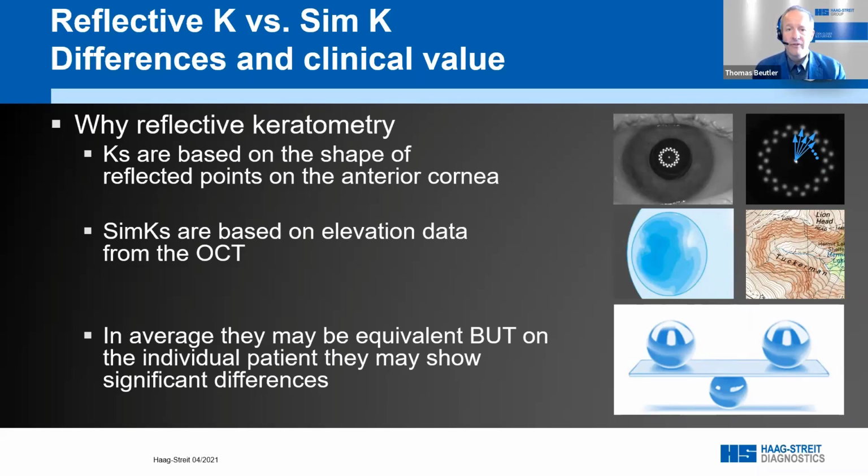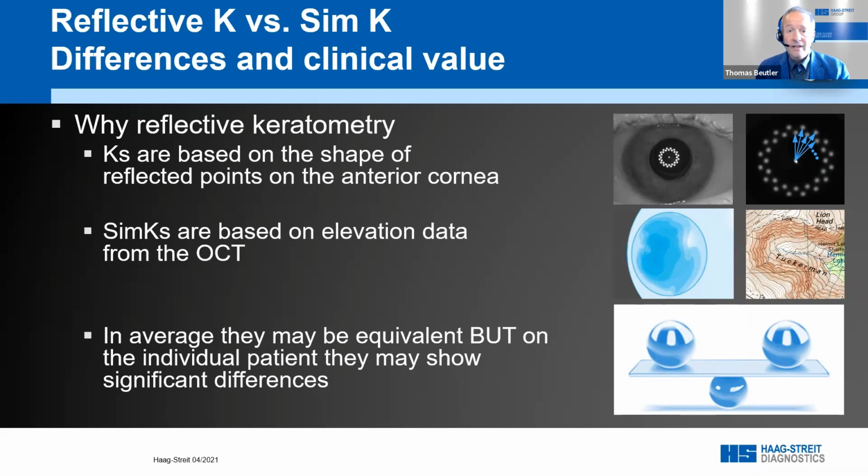When you look at reflective keratometry, we are fitting a geometrical structure, an ellipsoid, into the reflection points, into the 32 points from the Eyestar. So there we have a direct measurement with the basic information used for keratometry, which is an ellipsoid, which has two meridians, which are 90 degrees to each other. And that's it.